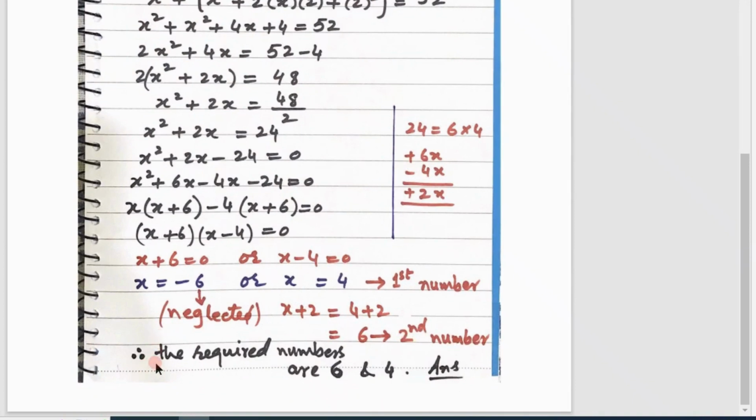Therefore the required numbers are 6 and 4 or 4 and 6, and both numbers are even as per the requirement, because our requirement is to find two consecutive positive even numbers. So we found successfully 4 and 6 as positive consecutive even numbers.